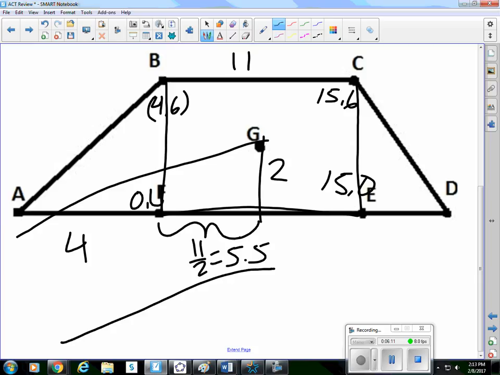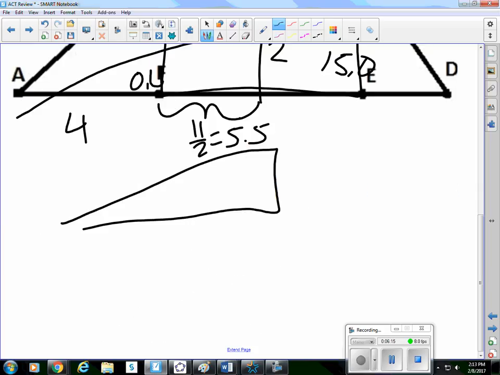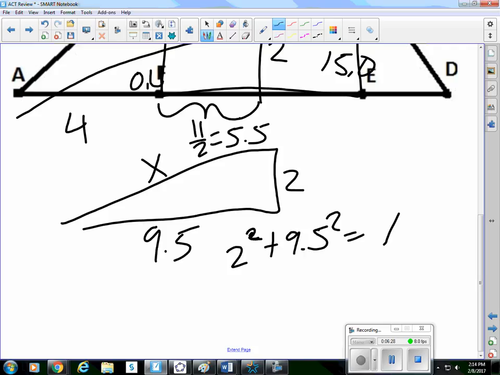So if we were to draw that triangle, we have a length of 9.5 and 2. So to find the length of this one, we'd say 2 squared plus 9.5 squared equals x squared. Or maybe we should call it c, but anyways, 4 plus 90.25.